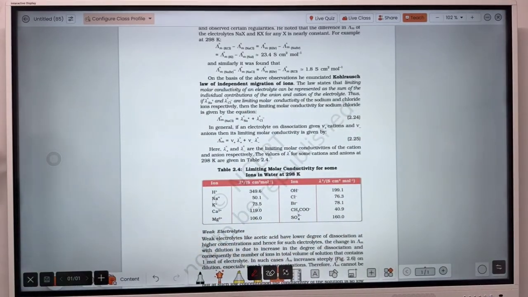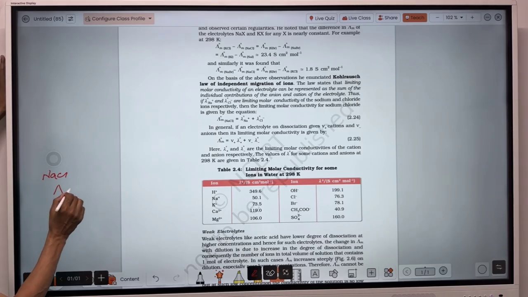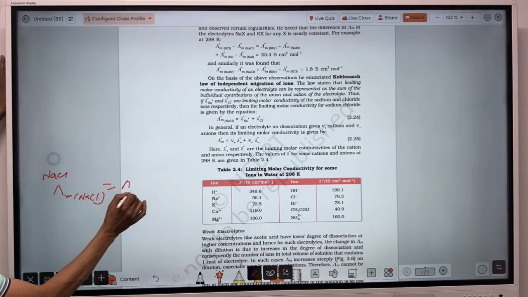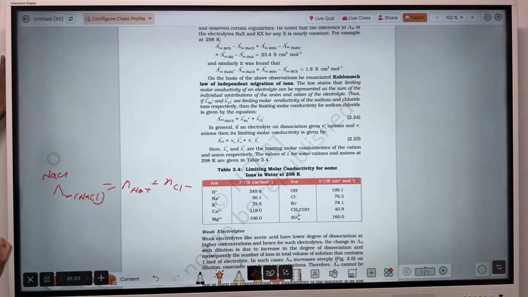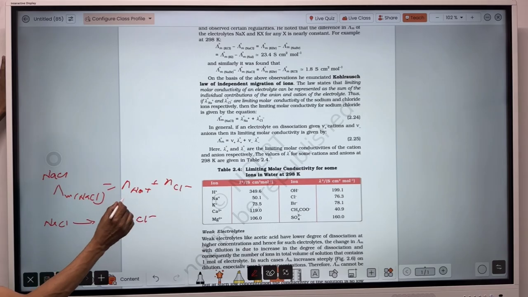Suppose you have taken the molar conductivity of NaCl. That will be equal to the molar conductivity of Na plus and the molar conductivity of Cl minus, because NaCl dissociates into Na plus and Cl minus. So the molar conductivity of NaCl will be that of Na plus and that of Cl minus.